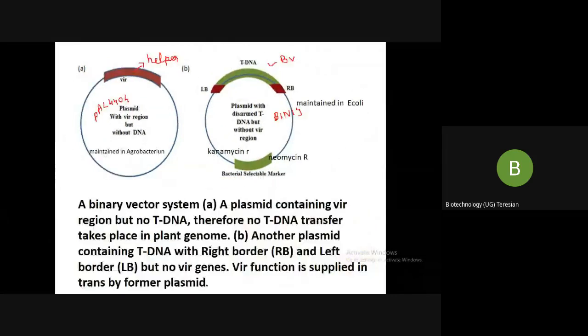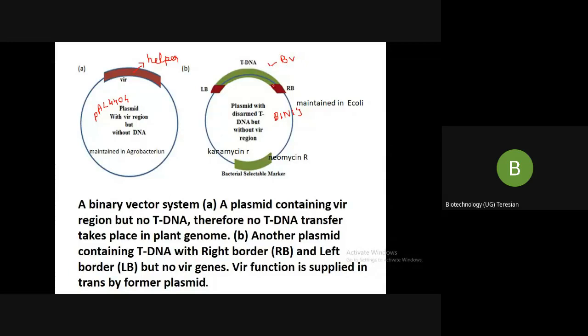So what they do is, together they perform the insertion of your transgene from the agrobacterium into your plant of interest. First, the scientists create these two types of bacteria, the helper plasmid and your binary vector plasmid.